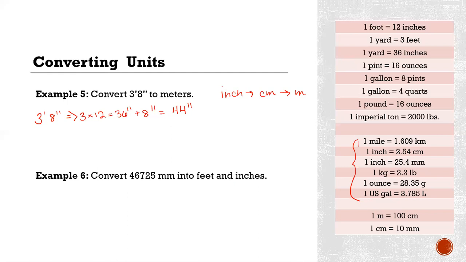All right, I'm going to put back my page here. Okay, now that we have a single unit, now we can convert. So we're going to go from inches to centimeters to meters. So 44 inches. To get to centimeters, let's see what we do. So centimeters on the top, inch on the bottom. Over here, 1 inch is 2.54 centimeters.